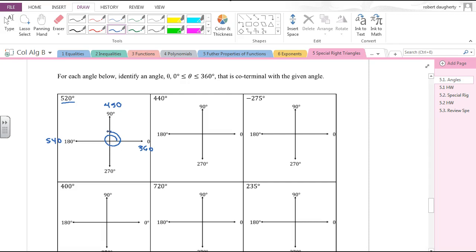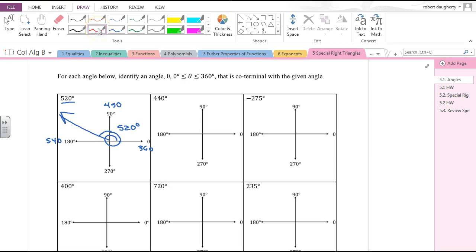I've got to go 70 more, okay? So somewhere right here, that is a 520 degree angle, okay? Does everyone see that? So I went 360, add 90, I get 450, I had to add 70 more, okay?